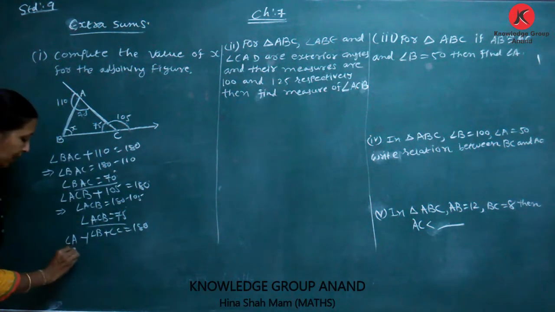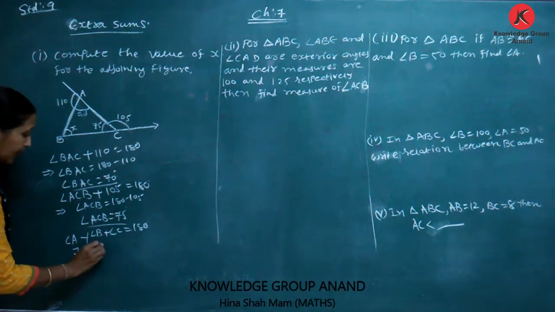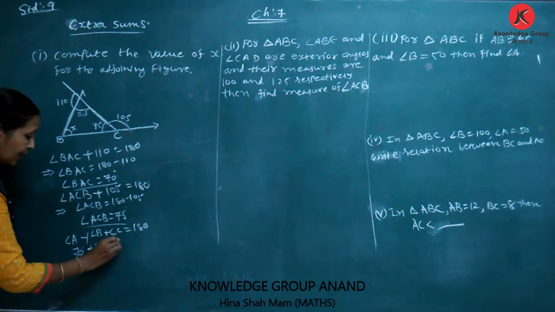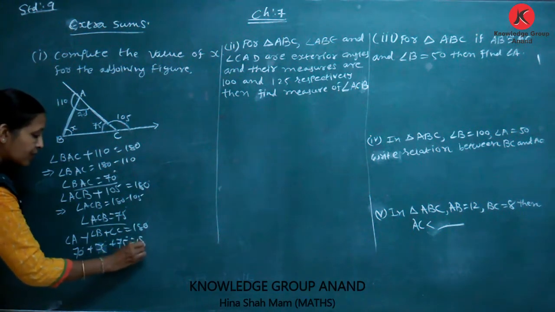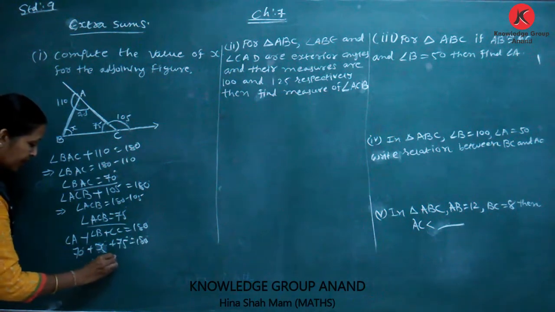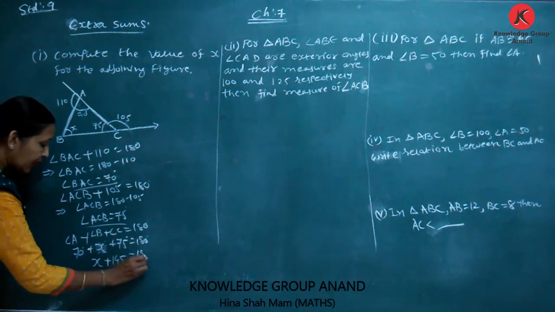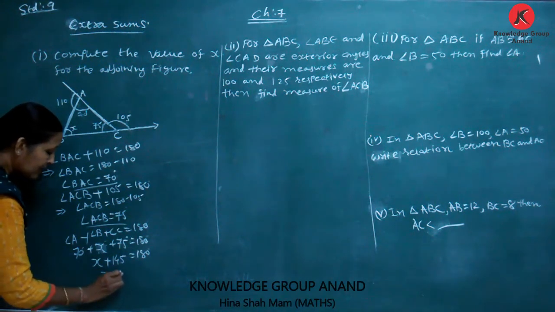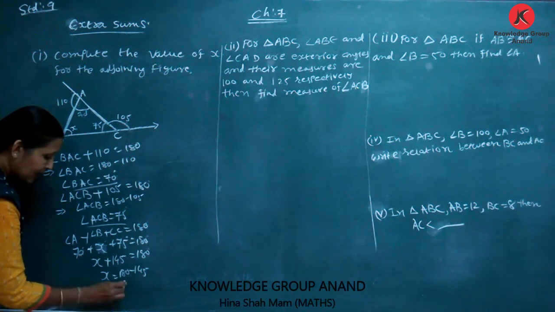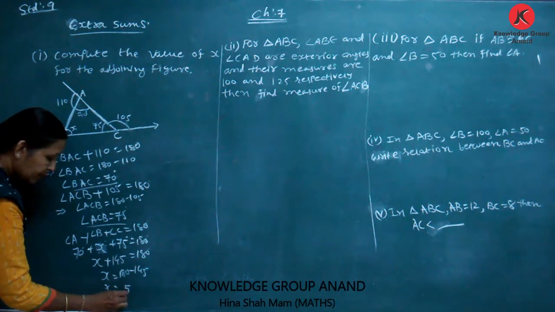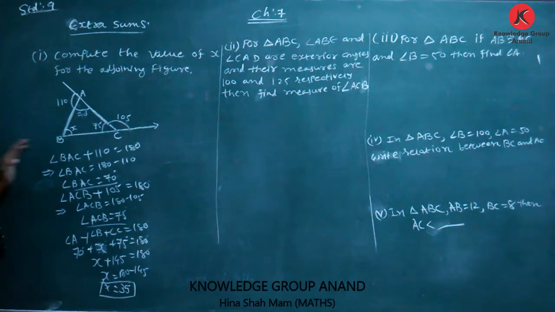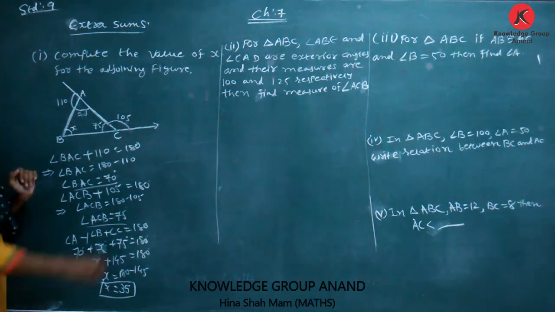Angle A is equal to how much? 70 plus 75 plus, here B is equal to x, C is equal to 75, is equal to 180. x plus 145 is equal to 180. x is equal to 180 minus 145. x is equal to 35.